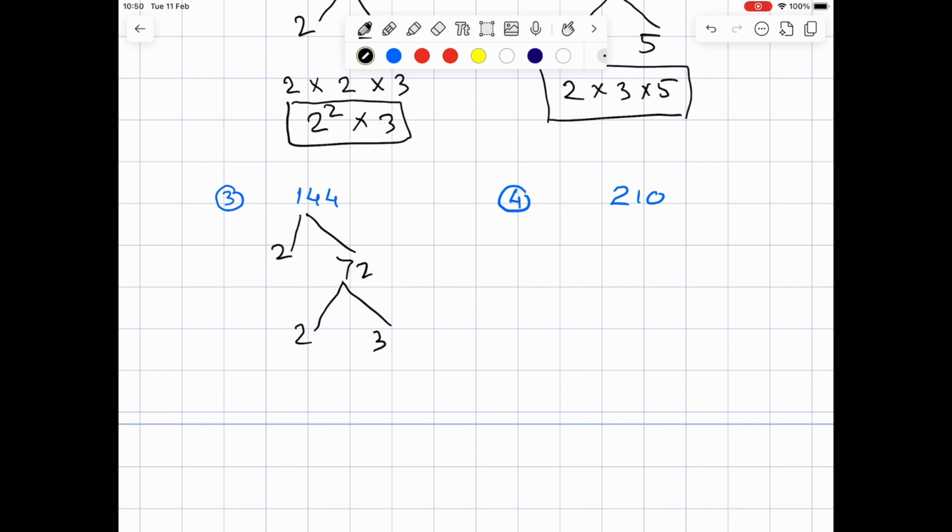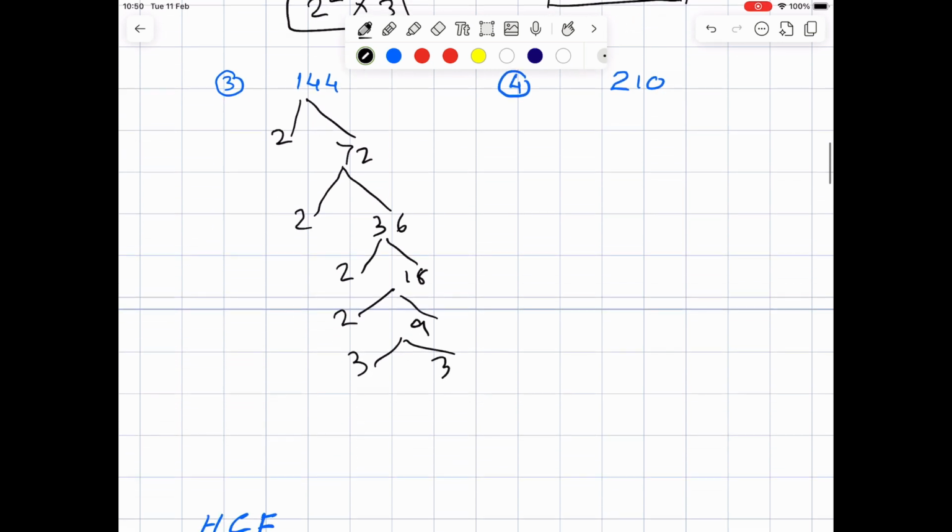And 36 divided by 2 again gives us 18, and then 18 divided by 2 gives us 9, and 9 divided by 3 is 3. So in this case, prime factors of 144 are 2 to the power 4 times 3 to the power 2.